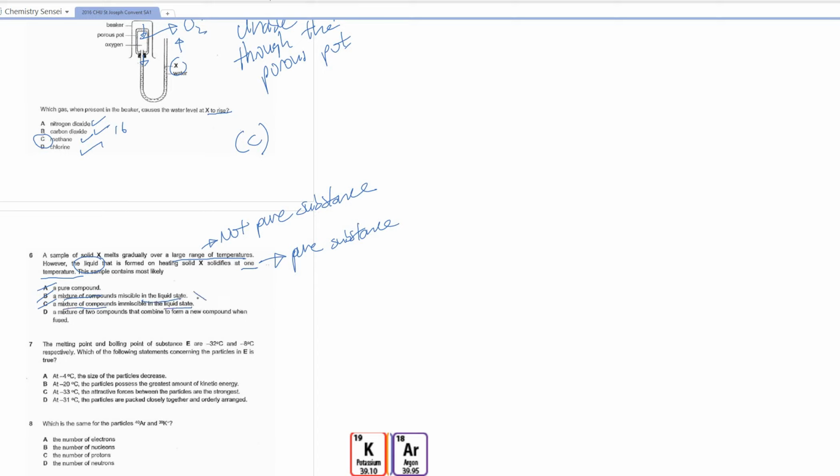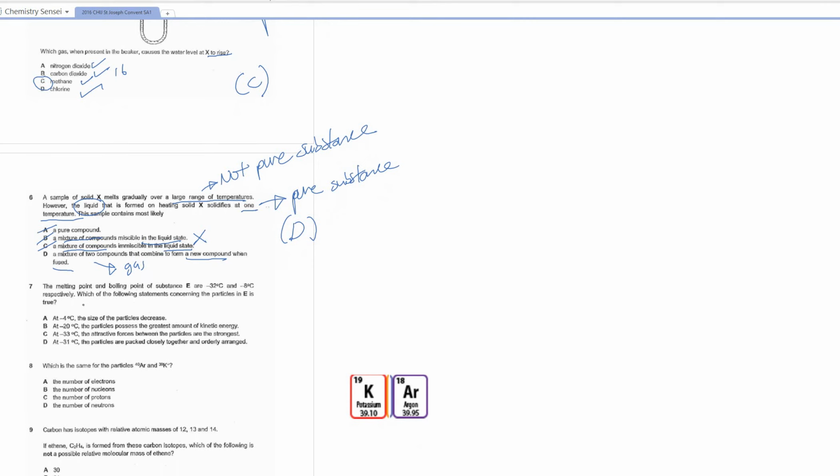This is not correct. So the correct answer is option D. A mixture of 2 compounds that combines to form a new compound when fused. So what could the other substance be that reacts with this pure liquid that forms X? I believe that the other substance is a gas.